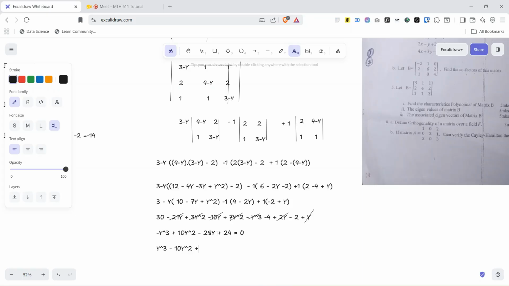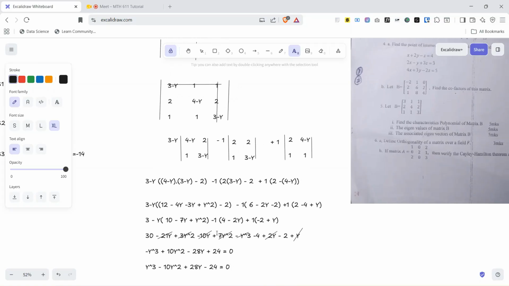So this is just the first question we've answered. This is going to be our characteristic polynomial of matrix B.